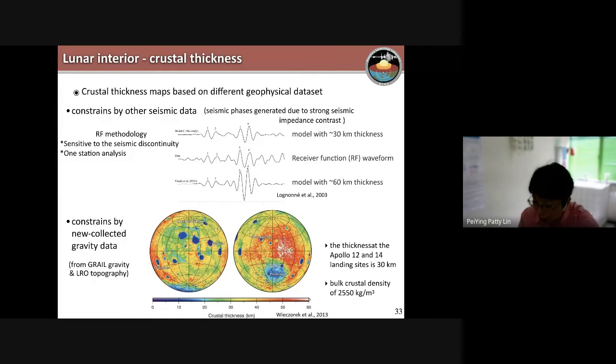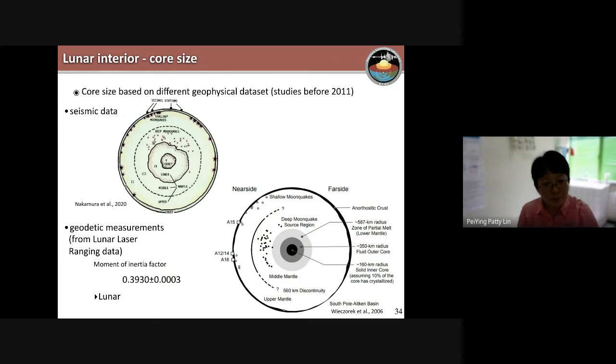They estimated that the crustal thickness beneath the Apollo 12 and 14 sites is about 30 kilometers thick, and the bulk crustal density is about 2,500 kilograms per cubic meter. So these are all consistent. And this is the crustal thickness.